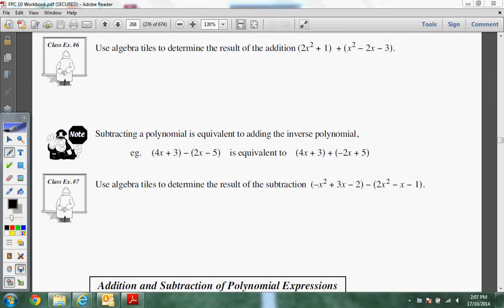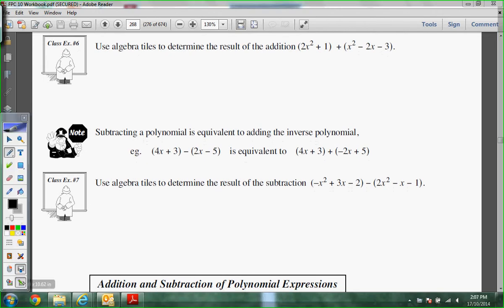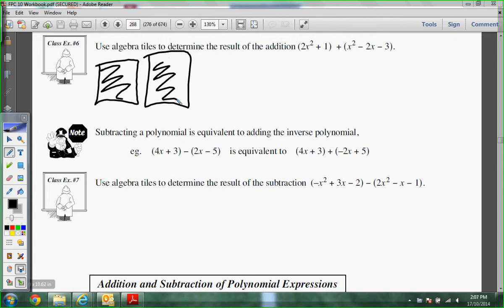Addition and subtraction using algebra tiles. We'll just do this once or twice here. Use algebra tiles to determine the result of the addition of the following. If I had 2 x squareds, they'd be shaded, plus one shaded unit.